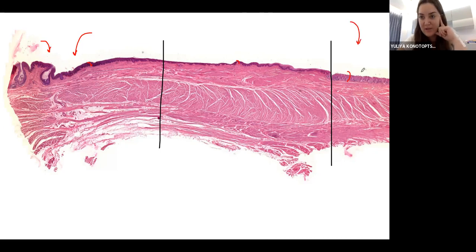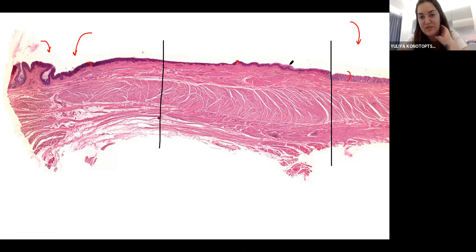We can see even with this magnification that there are some kind of protrusions of the mucosa. So these are the intestinal villi that we can see here. And then here it's very weird epithelium. It's like transitioning.